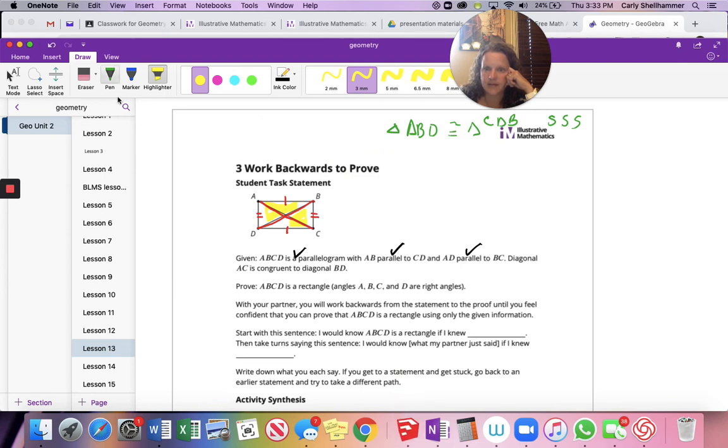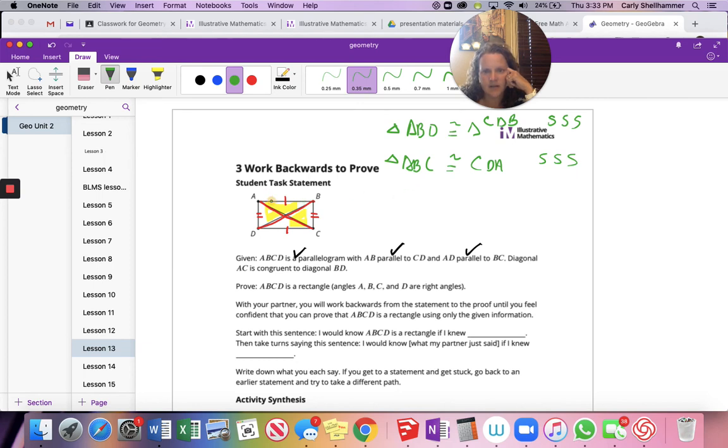Now we can keep on going in green. I can also say that triangle ABC is congruent to triangle CDA because of side, side, side. Now let's go with the angles. We're going to do a lot of CPCTC.